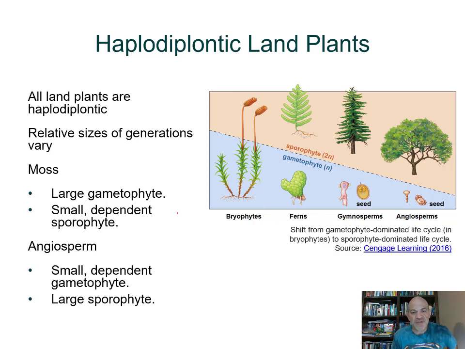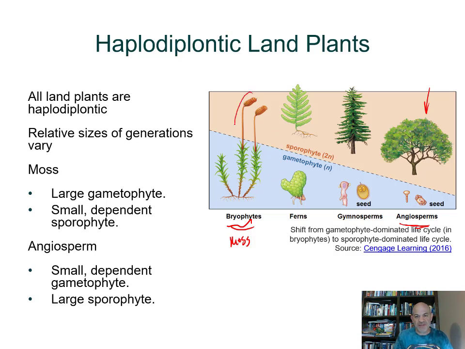But here earlier I mentioned that as you move from the bryophytes, which are the mosses, the primitive plants, and they're still alive today, to the most advanced plants, the ones that evolved most recently, the flowering plants. These are the angiosperms here, like this tree here. We start to see that the gametophyte becomes larger.